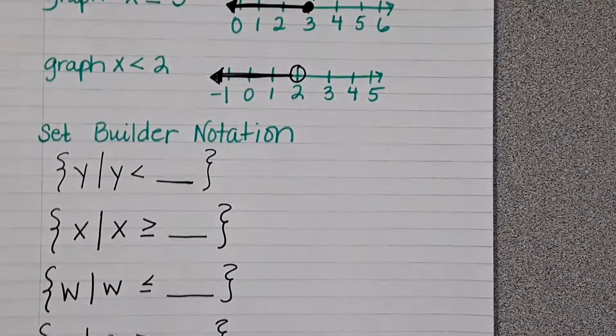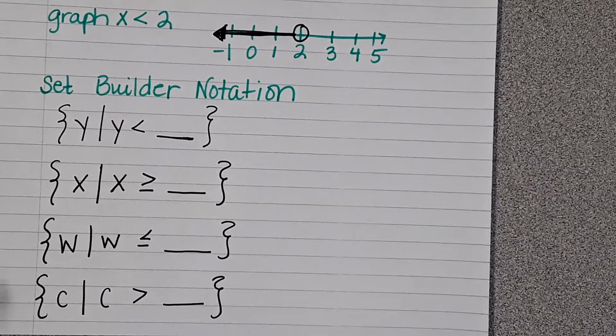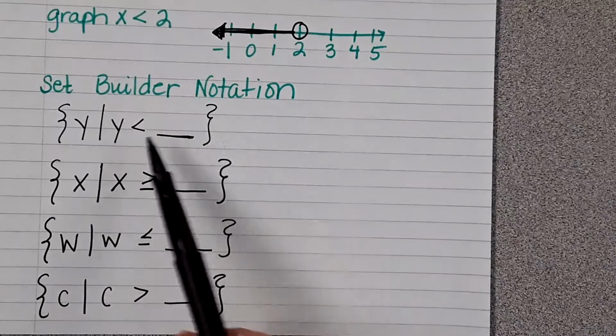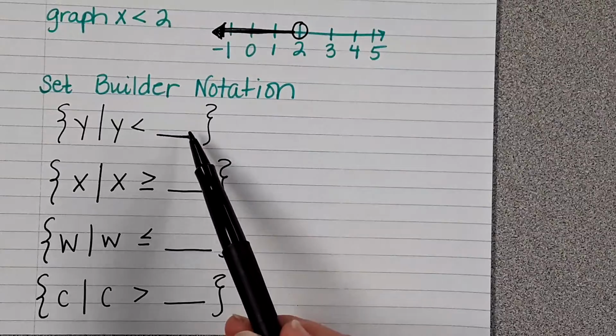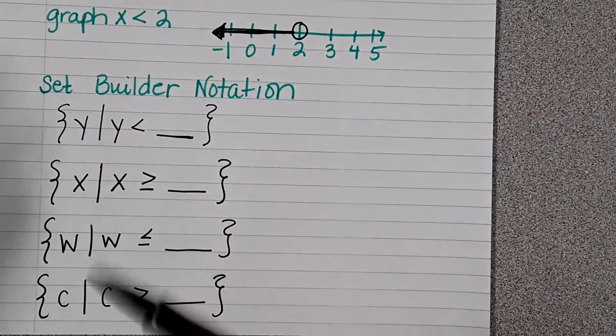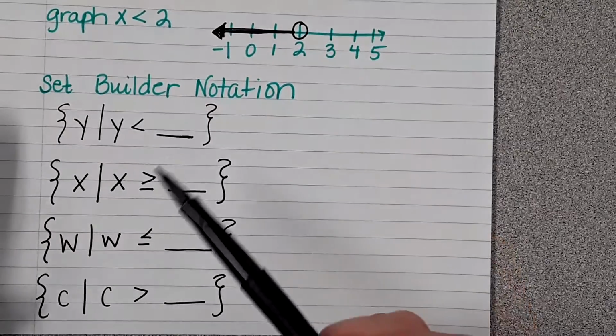So, all numbers y such that y is less than what number? Like a number. So you guys, you're going to solve, and the blank is going to be whatever number you got as your answer.